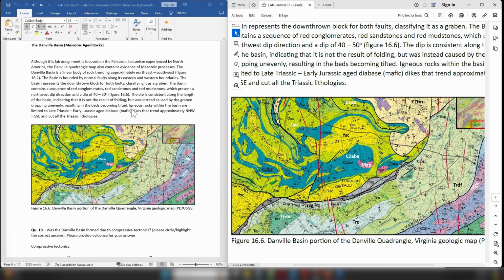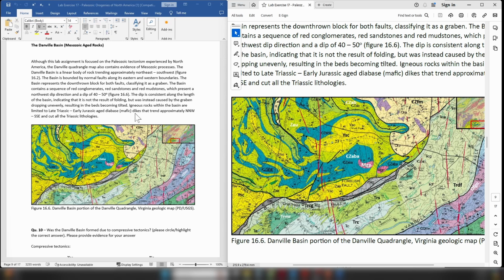So the igneous rocks within this basin are limited to late Triassic to early Jurassic diabase mafic dikes. So these are mafic rocks which instantly suggest that what we could be looking at is something which is extensional in nature.